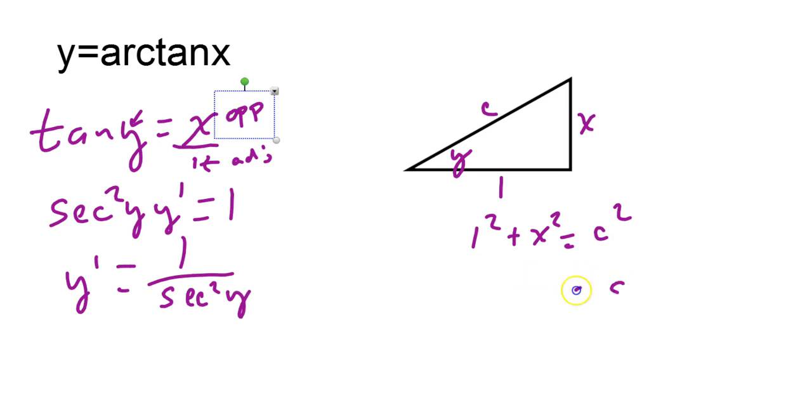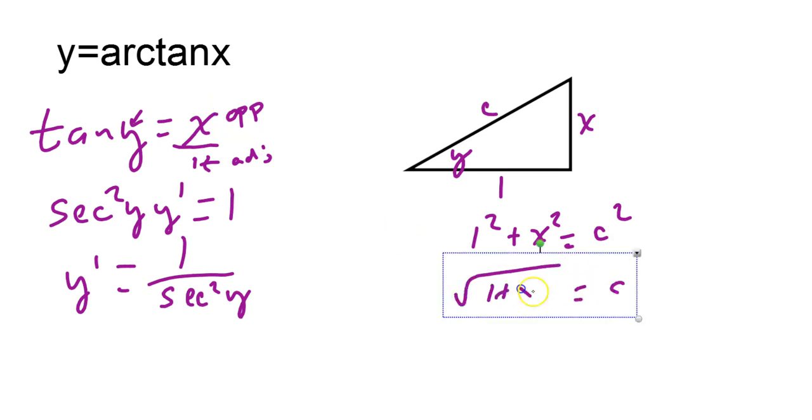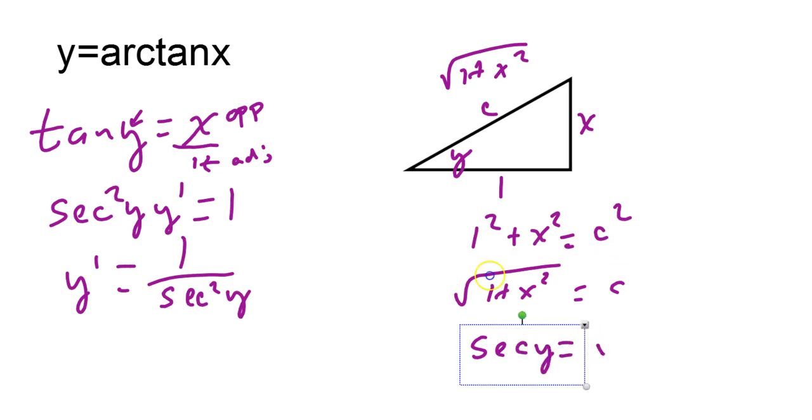So doesn't c just equal the square root of 1 plus x squared? You could also put x squared plus 1 if you wanted to, right? So if this is the square root of 1 plus x squared, I know that the secant of y is equal to just the square root of 1 plus x squared, right?